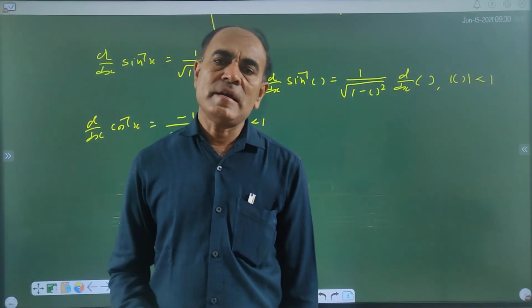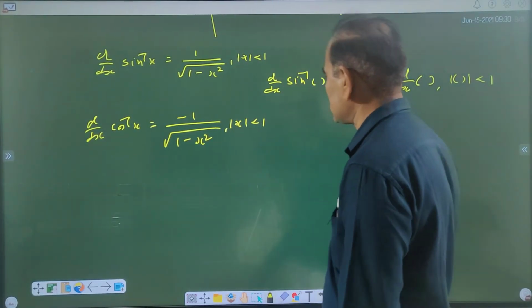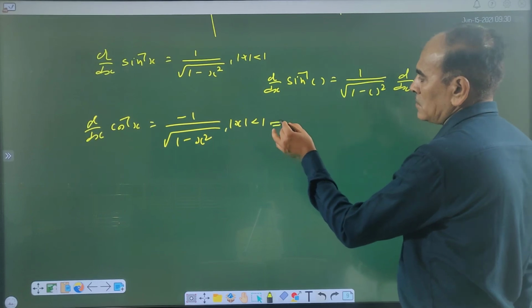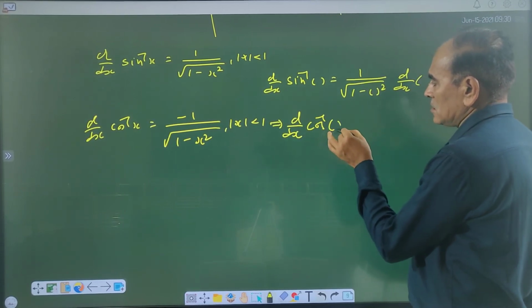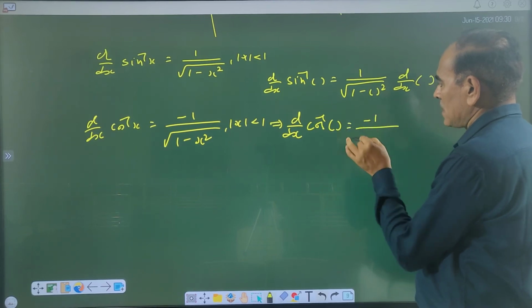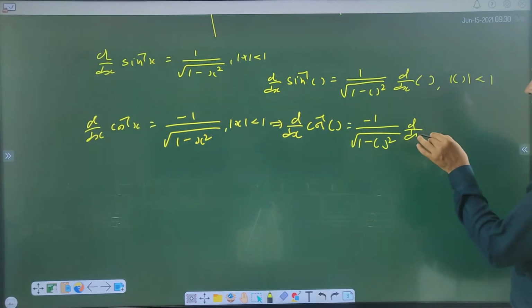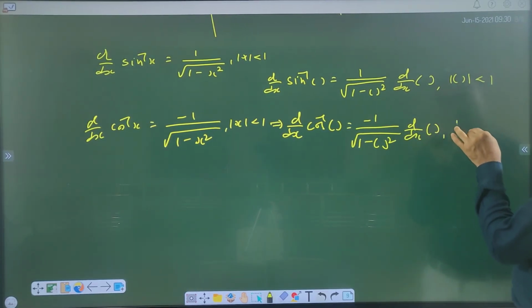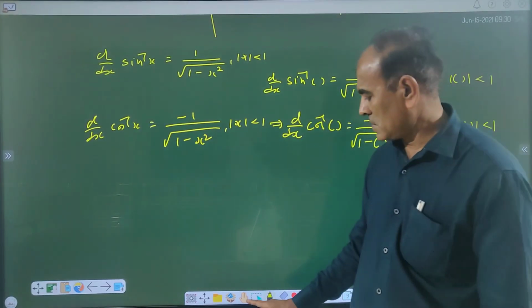So dx by dy, what is the derivative of cos y? Minus sin y. So here minus sin comes. How are we going to remember it? D by dx of cos inverse of some function is equal to minus 1 upon under root 1 minus that function square, into d by dx of that function, and the magnitude of the function is less than 1.